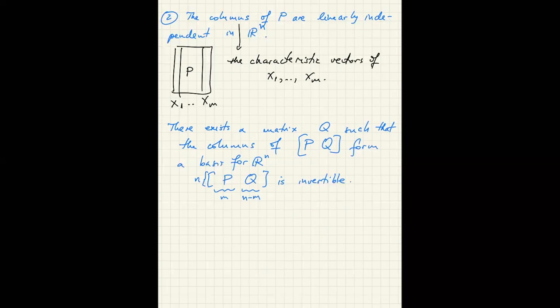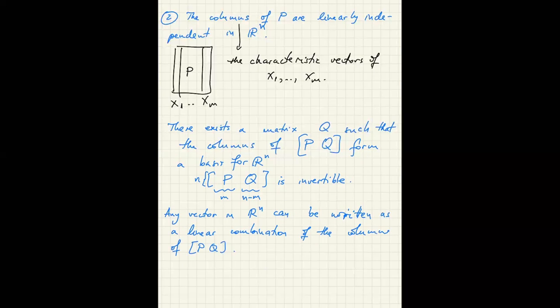Okay. And now, these columns form a basis, so any vector in R^n can be written as a linear combination of the columns of this matrix PQ.